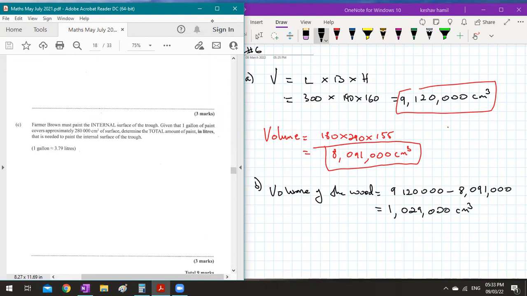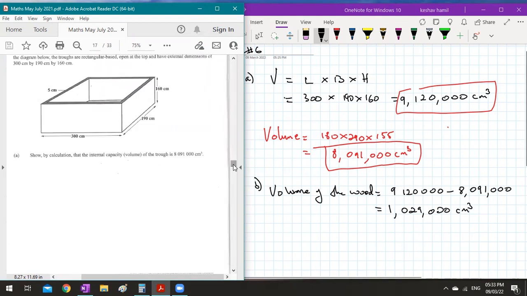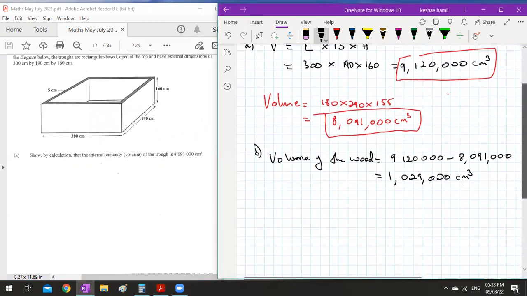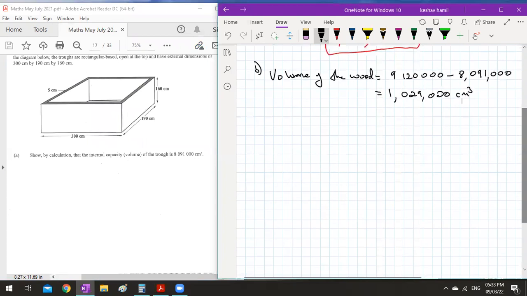Because I say internal, right? So we need to watch the shape again, right? And this time we need to make it into a net, and net it out.